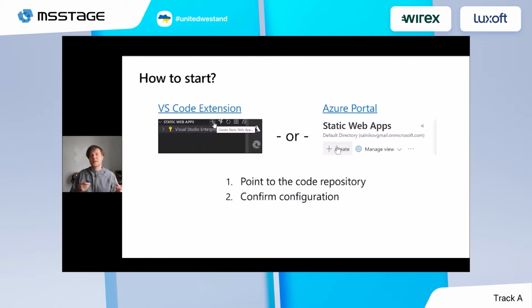You set a couple of folders in this wizard, for example, where the application itself is located, and where the artifact folder, build or dist or whatever, depends on the structure. And then you count 3, 2, 1, or maybe a bit longer countdown, depending on how complex your application is, how much time it takes to actually build it. Bam, your app is online, distributed globally over the world.